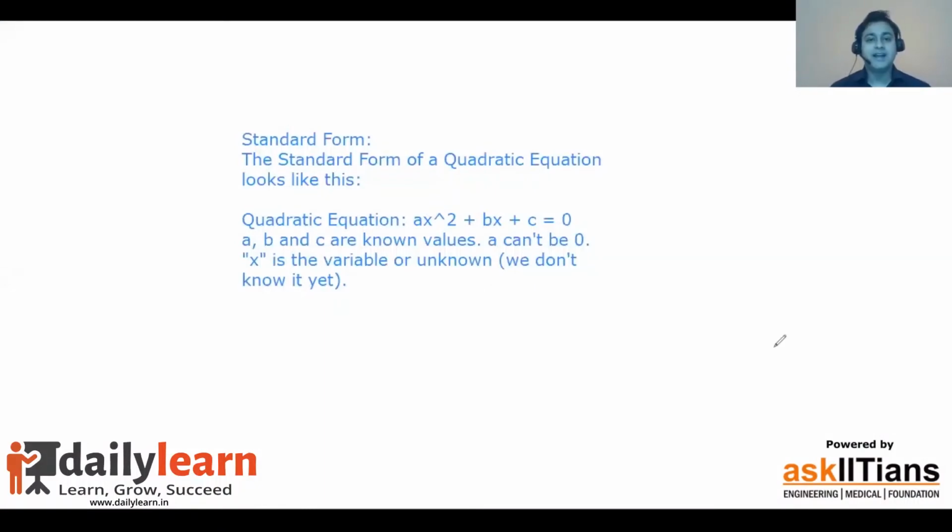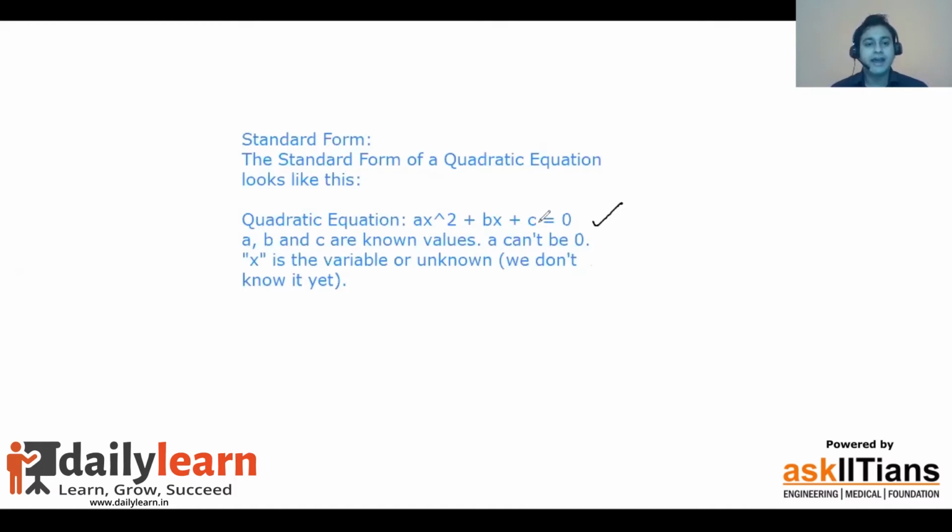As you can see here, we have a quadratic equation, ax square plus bx plus c is equal to 0. This is the standard form of the quadratic equation. Like you have already studied in the chapter on polynomials, a quadratic expression is an expression which has degree 2.